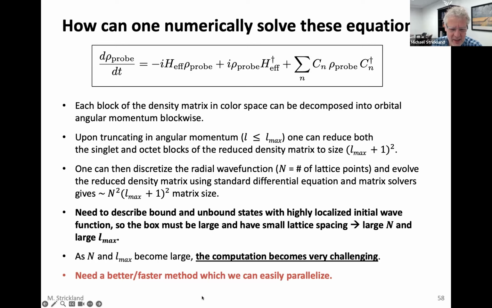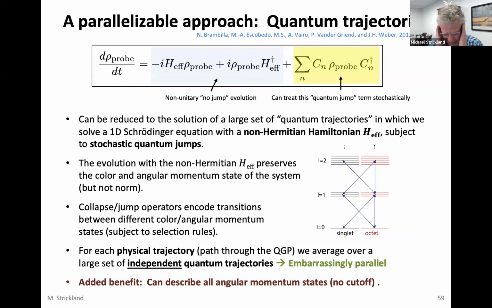So we needed a better, faster way that we could parallelize the solution of this equation. And we didn't invent it. We stole it, in this case, from condensed matter and optical physics people. There were papers going back to the late 90s, early 2000s, where a method called the quantum trajectory method was introduced, and you use this split that I introduced earlier.